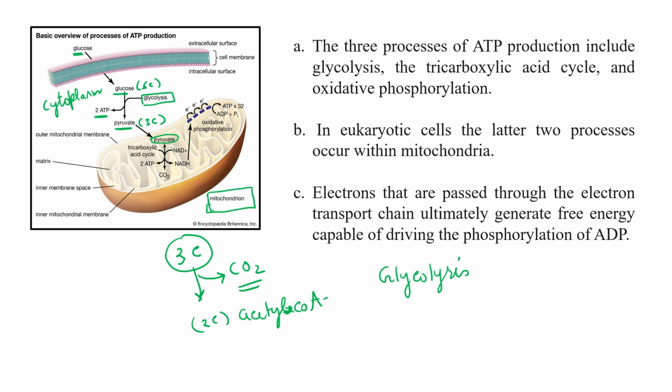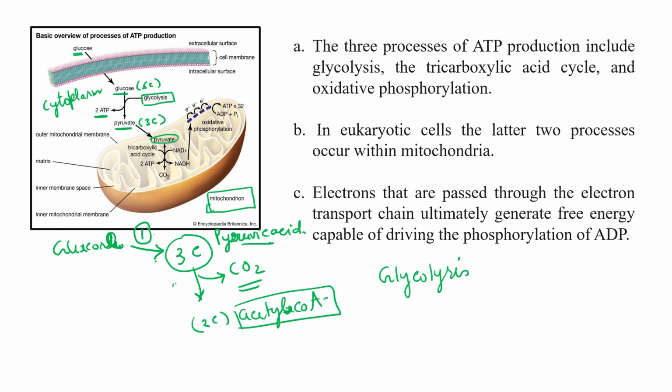So first, glucose to pyruvic acid, then pyruvic acid to acetyl coenzyme A. The first is known as glycolysis.